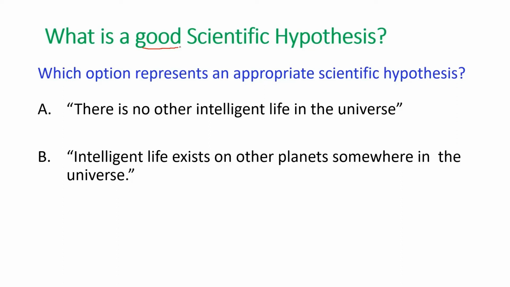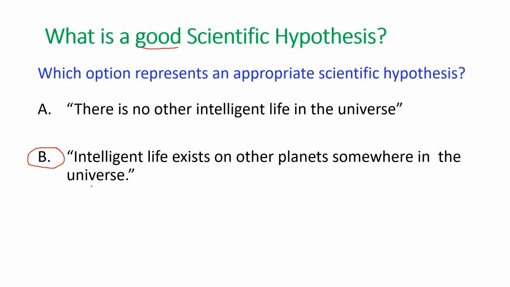All right, before I answer, take another look at it and really think about it from a scientific standpoint. When I ask this in class, the popular answer is usually this one.